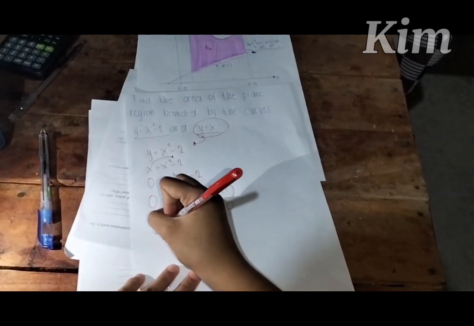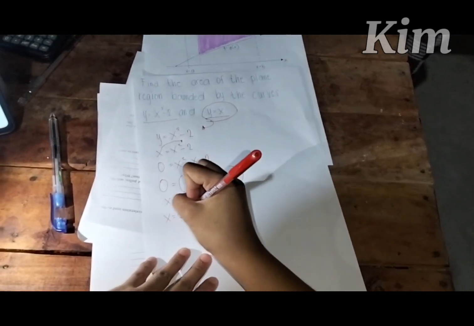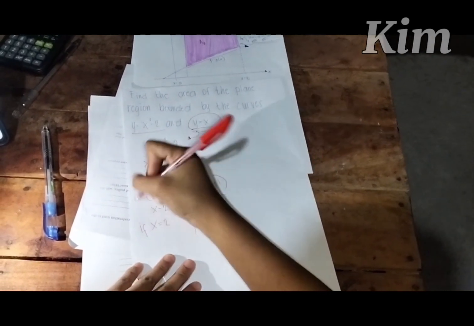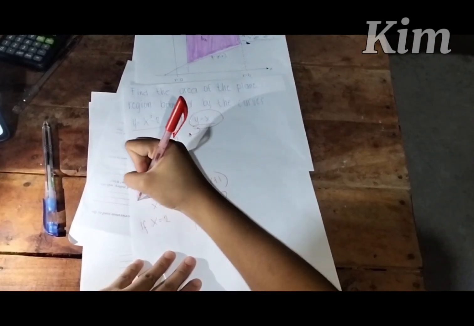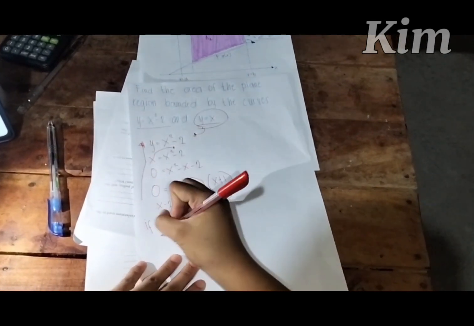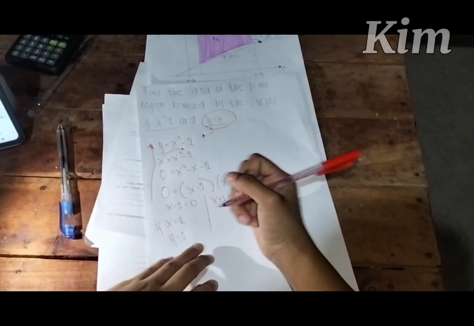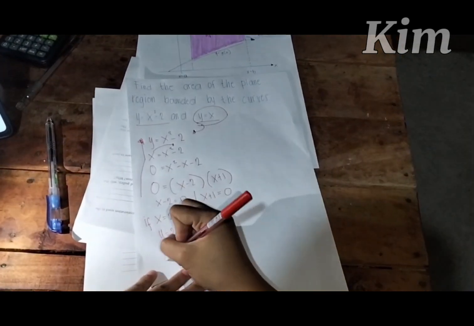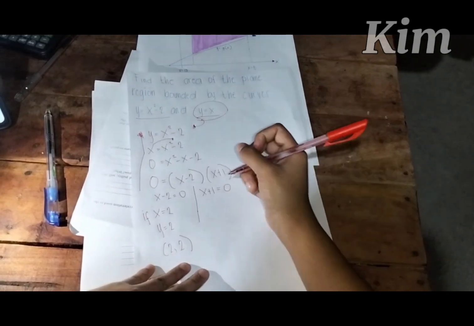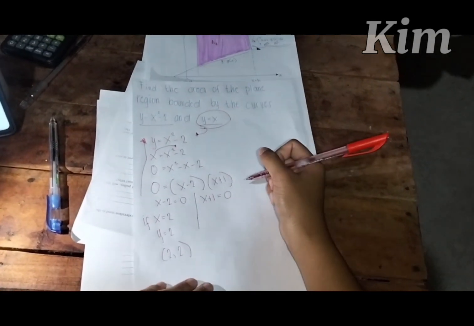Solving for x, x is equal to 2. Then if x is equal to 2, using this formula, y is also equal to positive 2. So our first point of intersection is (2, 2).